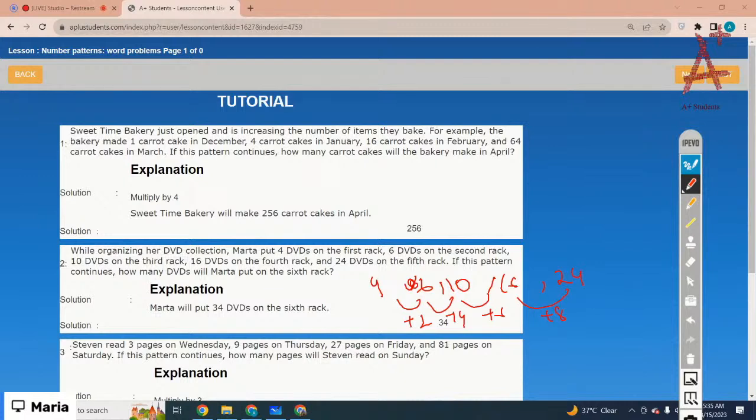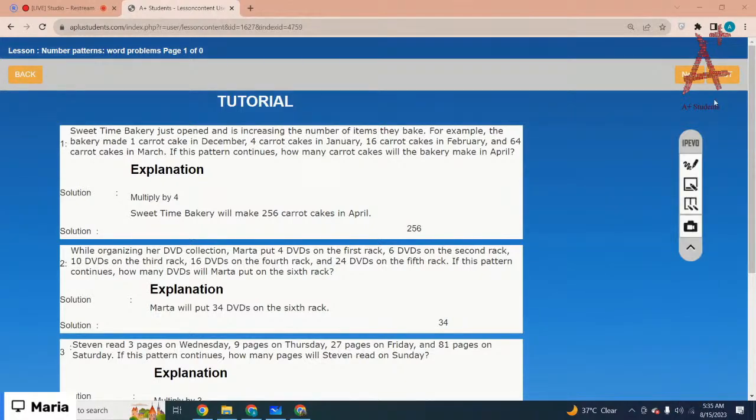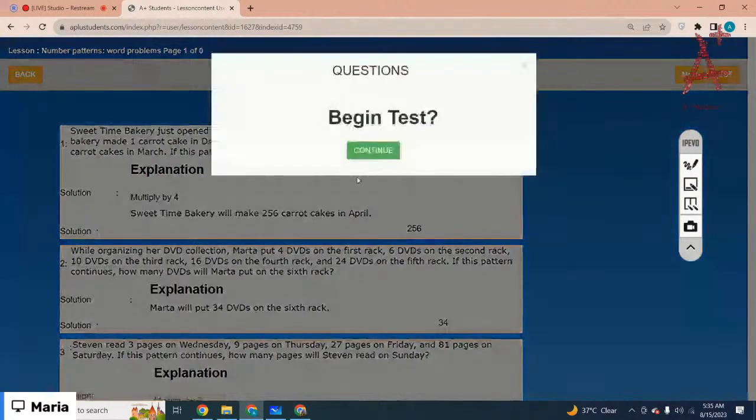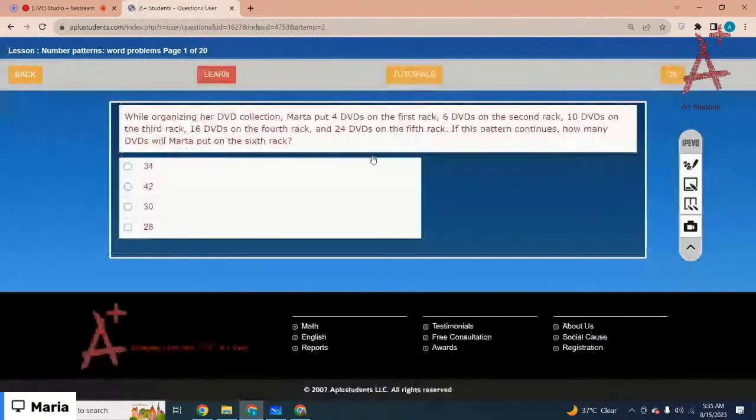Okay, let's start with the practice questions. So just read the question carefully, write the numbers, find the pattern, find the rule, and then find the next missing number, right? While organizing her DVD collection, Marta put 4 DVDs on the first rack, 6 on the second rack, 10 on the third rack, 16 on the fourth rack, and 24 on the fifth rack.